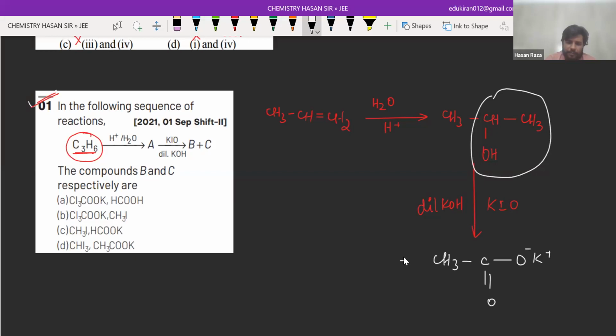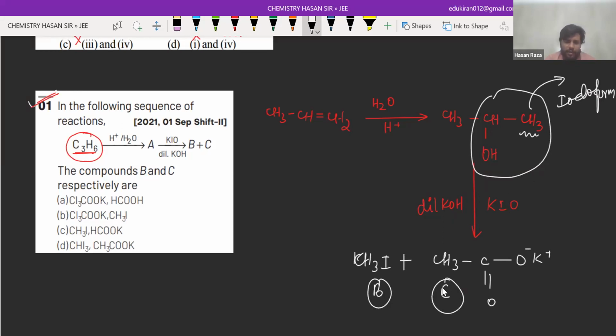And a byproduct will form, that is CH3I. This carbon will directly form iodoform. Now what is it? Iodoform. So this is your B and this is your C. That's why I was avoiding this type of question, because in JEE Mains, most of the questions are a mixture of all the reactions.